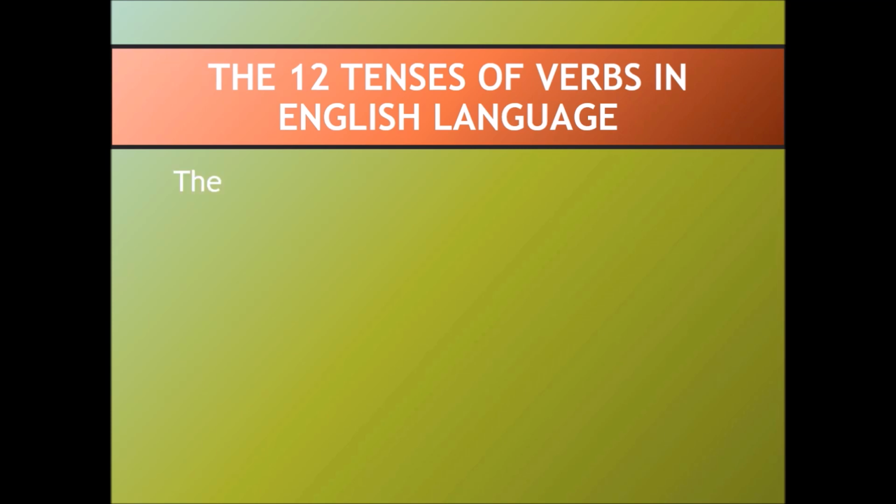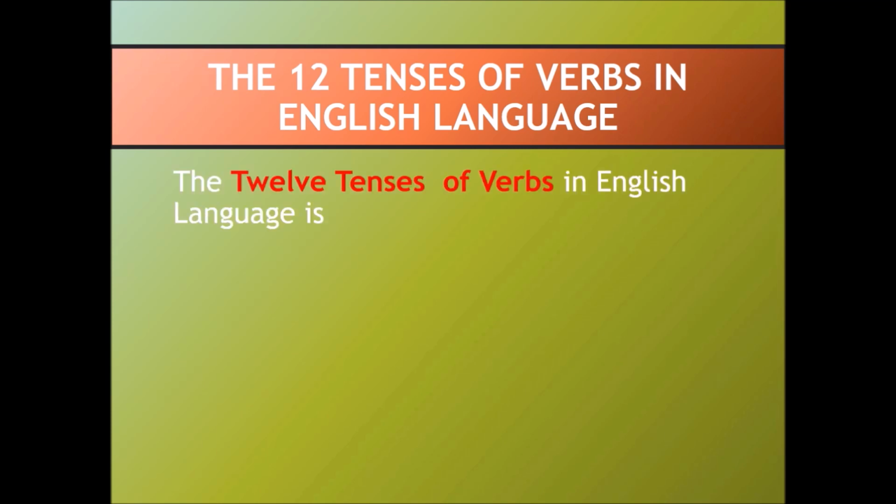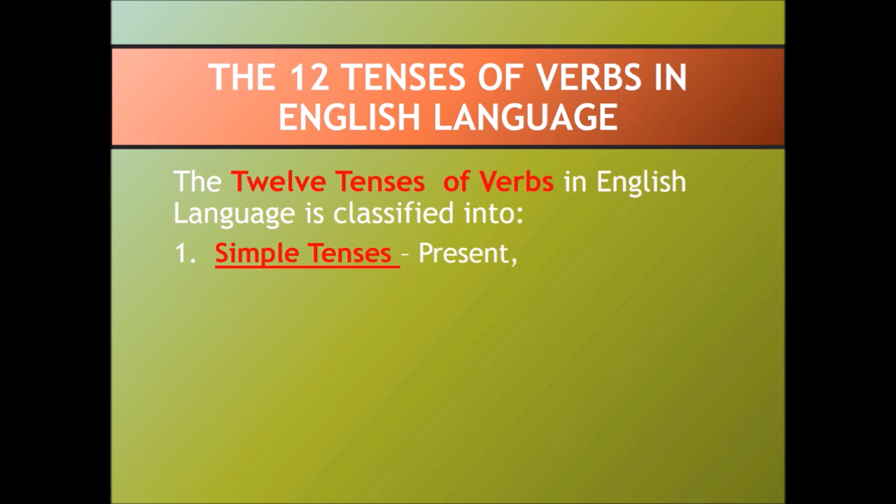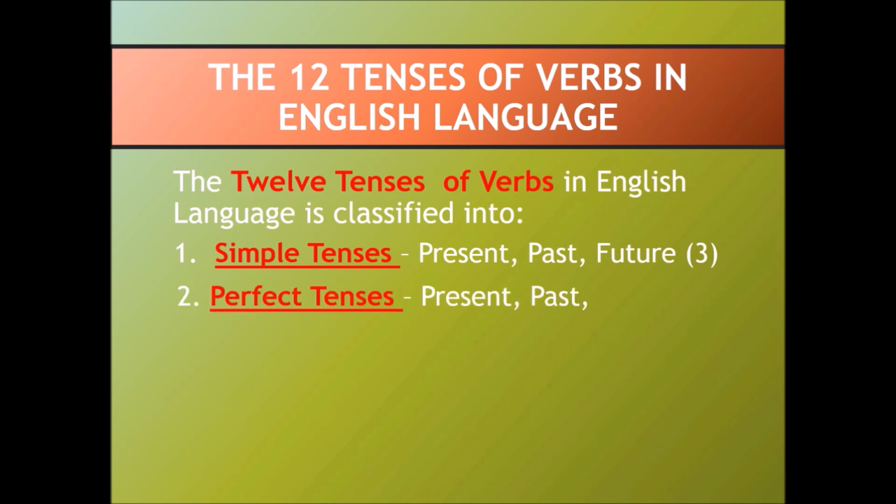The 12 tenses of verbs in the English language are classified into four groups. The first group is the simple tenses, which include present, past, and future. There are 3. Then the second group is the perfect tenses, also present, past, and future, 3.